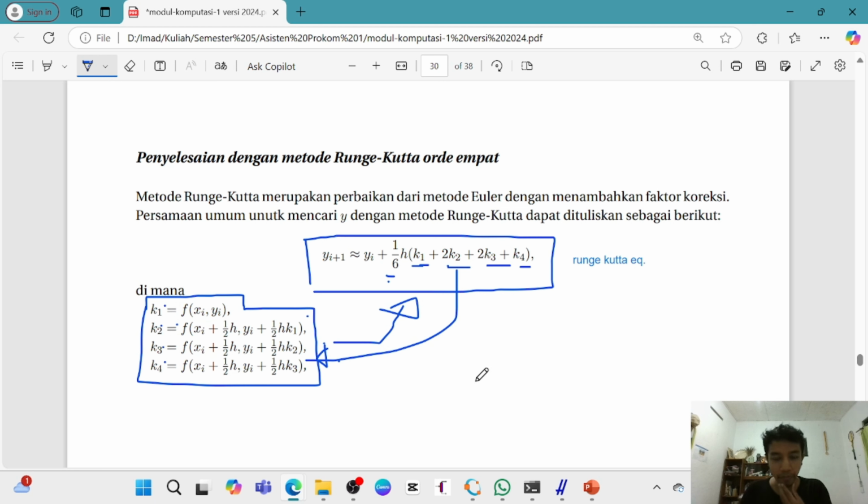Okay. This is maybe a little bit complex, but you just have to write it, not change anything on it. Just write it, right? As always, this is quite the same as the Euler. This is y, this is h. In the K equation, we have the x and y, and h.